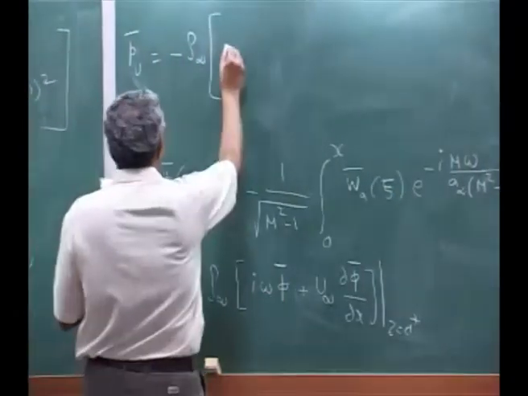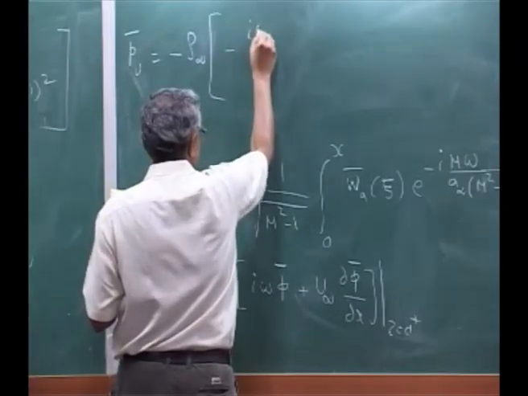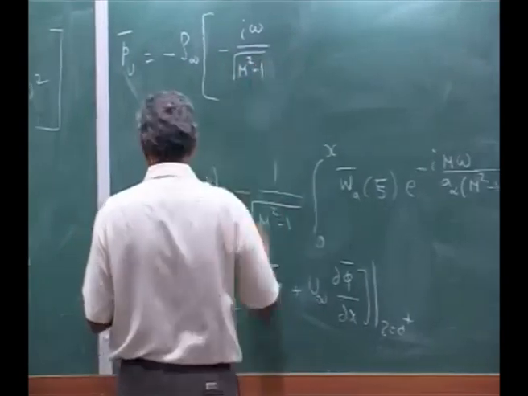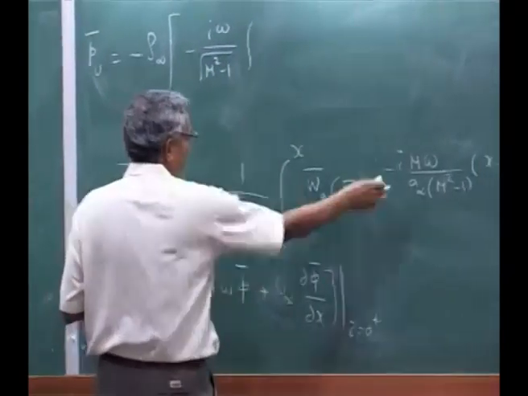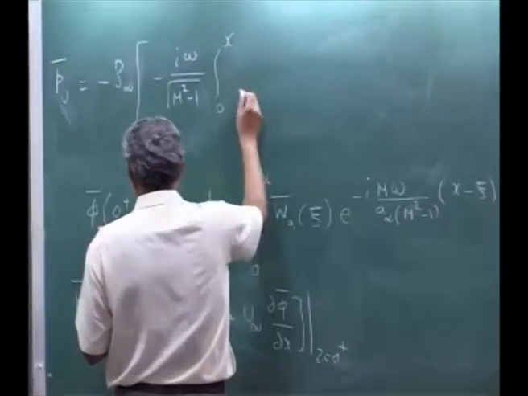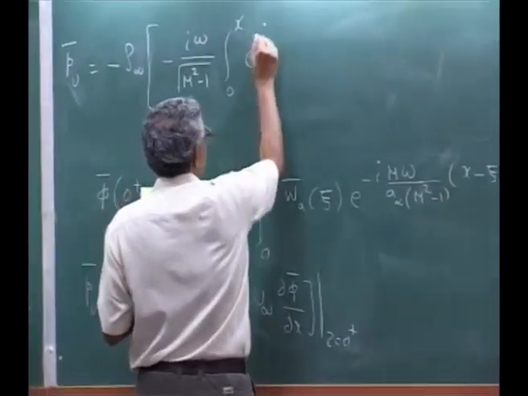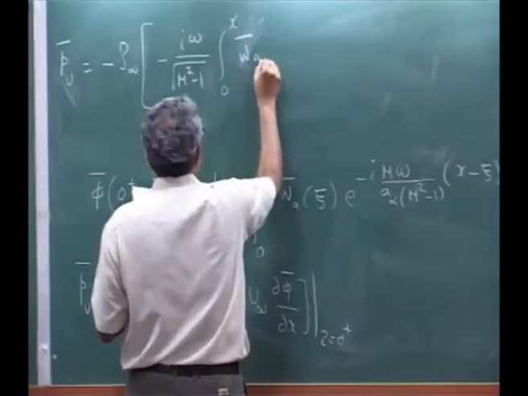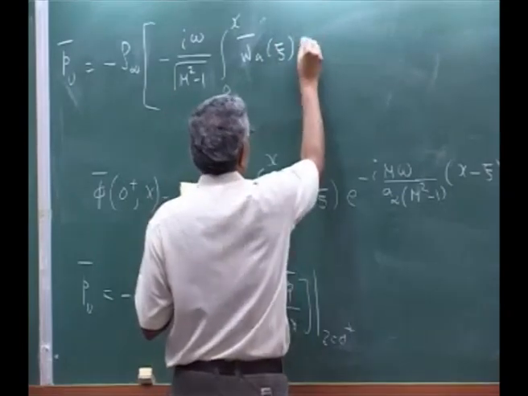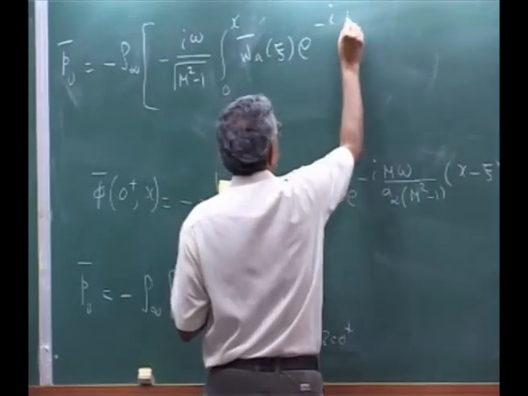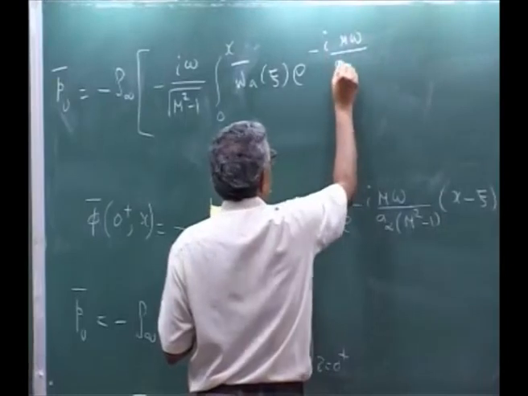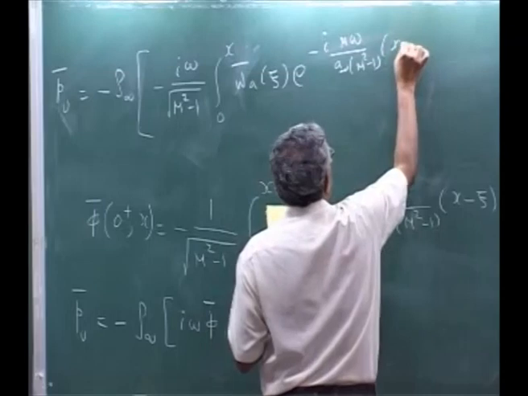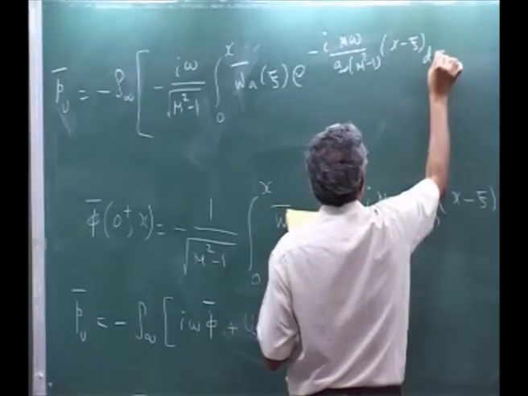So you substitute minus I omega over square root of m square minus 1, integral this whole expression 0 to x, W bar A psi e power minus I m omega over A infinity m square minus 1 x minus psi d psi.